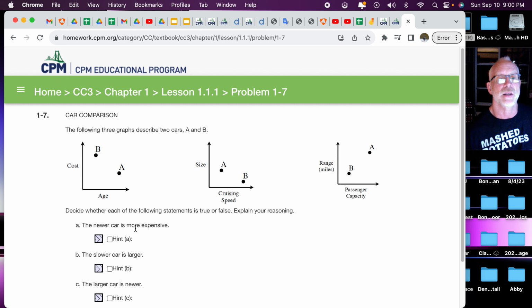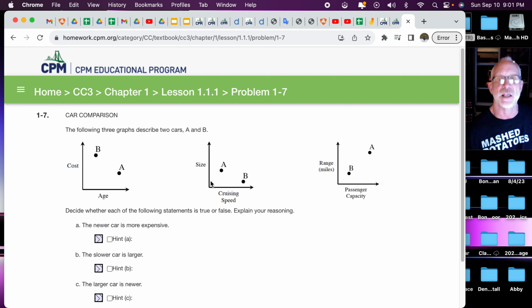The new car is more expensive. So here's a car of age. This is the new car. This is an older car. This is the cost. So this is a less expensive car. This is a more expensive car. This is the cruising speed, how fast car B is. This is how fast car A is.